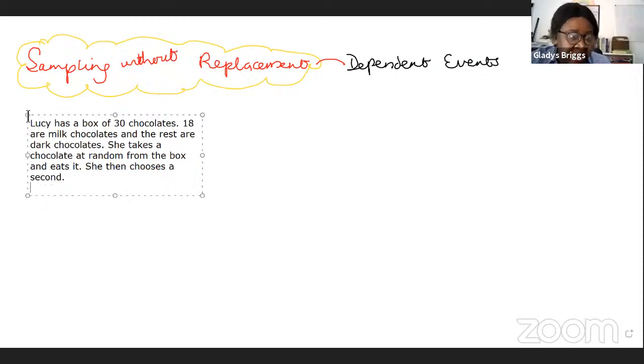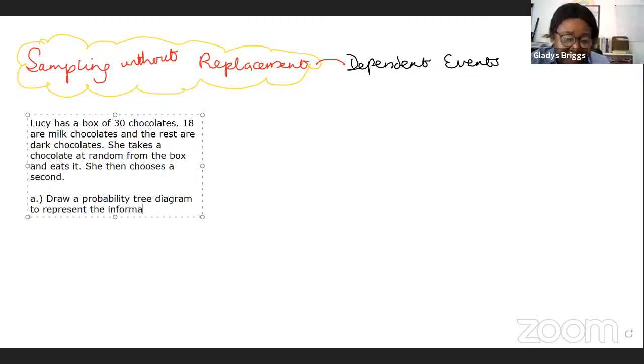Okay, we ended there. Question A. Draw a probability tree diagram to represent the information.